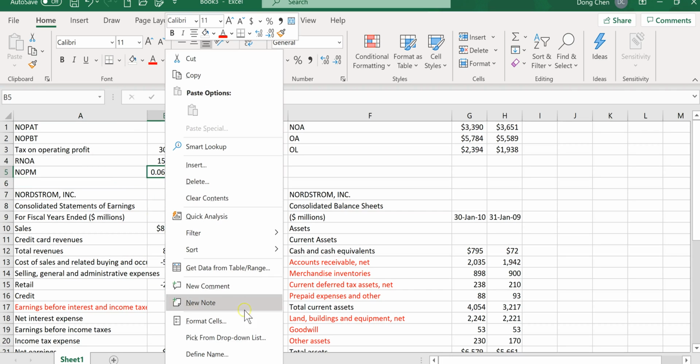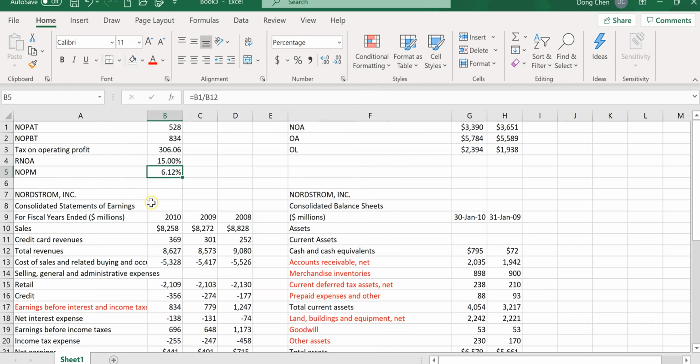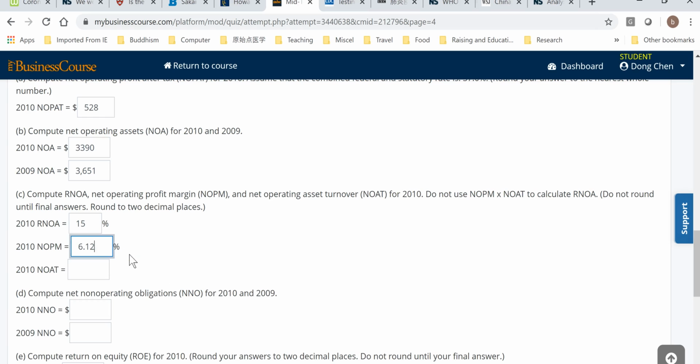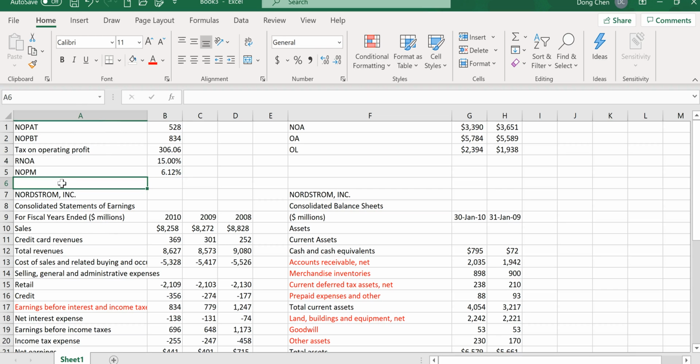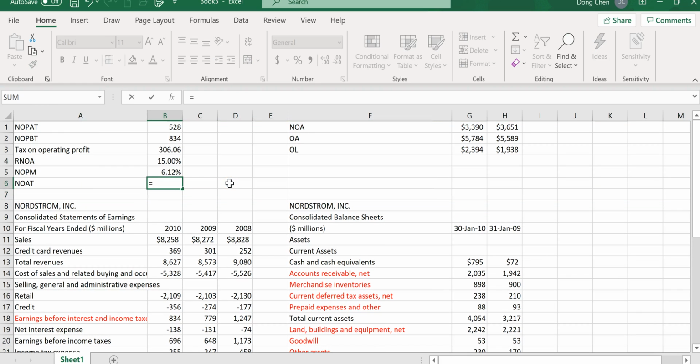Then we keep the number to 2 decimal places before the percentage sign. So that is 6.12% NOPM, and NOAT, net operating asset turnover. We just add one more row to leave more space. And this equals sales. Again, this is total revenue divided by the average of the net operating asset.